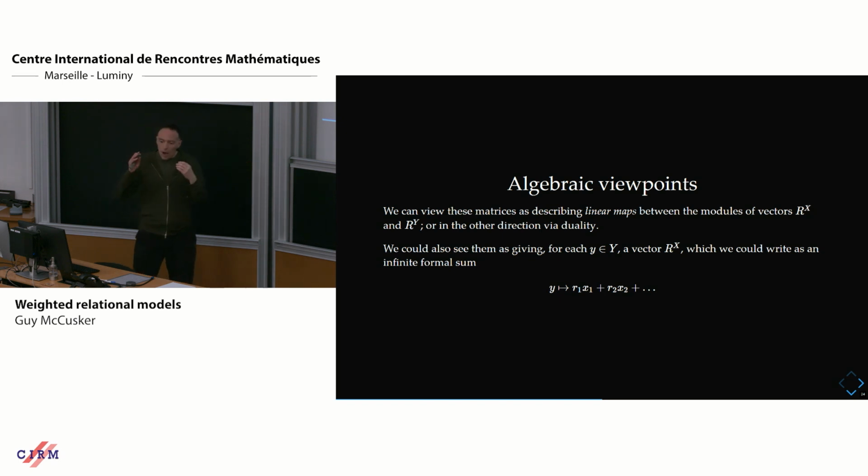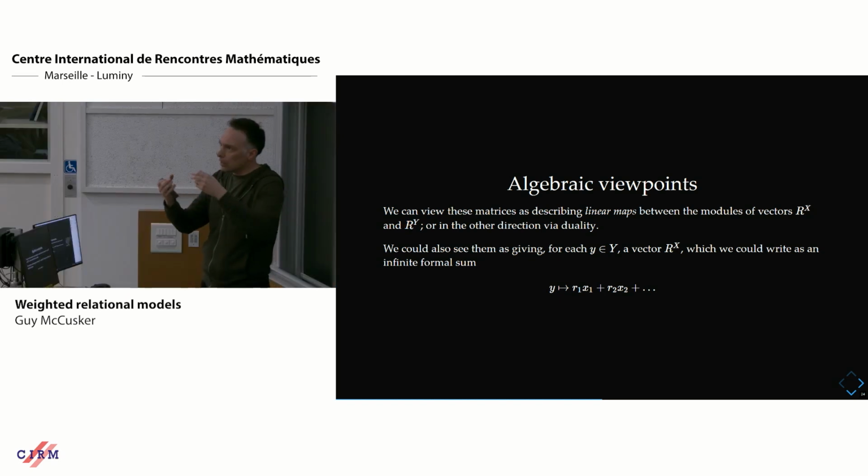So a matrix can be viewed as describing a linear map between collections of x-indexed vectors to y-indexed vectors, right? So these things are modules or semi-modules if you want. You can multiply them by scalars and you can add them together.